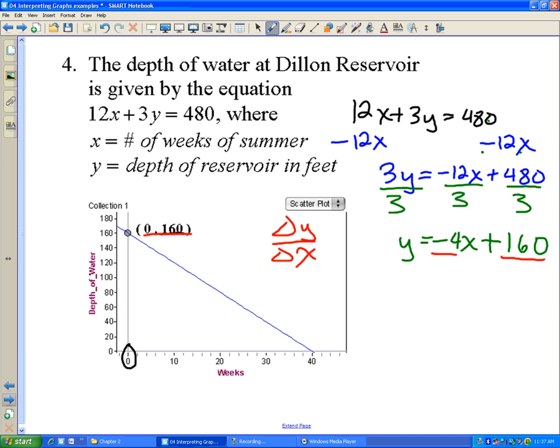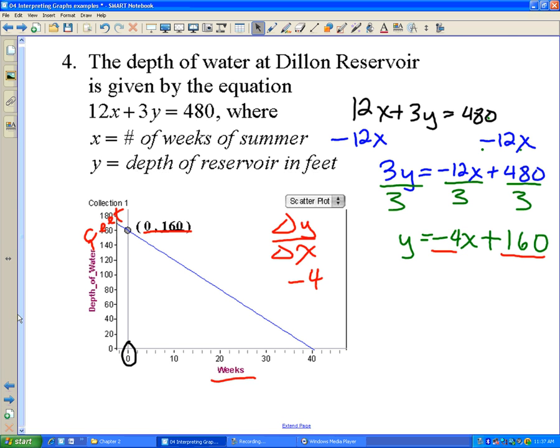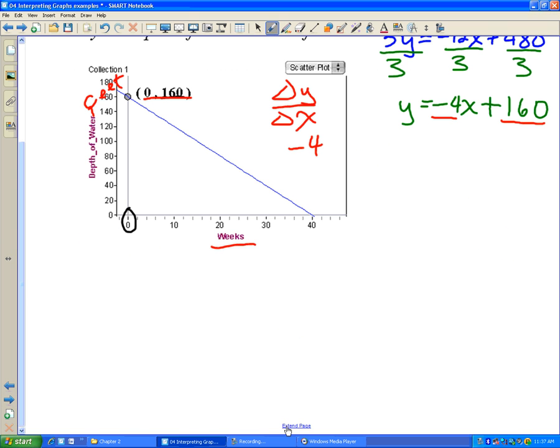So what it's telling me is that I'm losing 4 feet of water for every week of the summer. So that's my information that I need to tell the real world meaning of my slope and the real world meaning of my y-intercept.